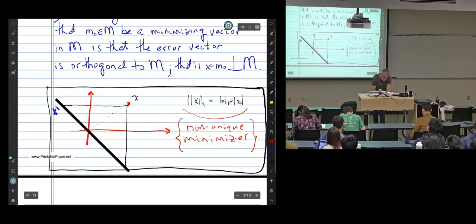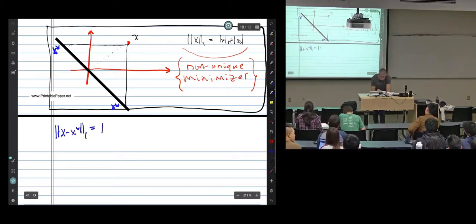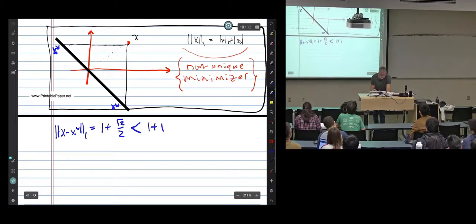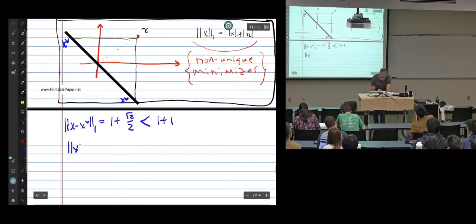So X star, that's also X star, and 1 norm of X minus X star in each case is 1 plus square root of 2 over 2, which is strictly less than 1 plus 2. And the norm of X, which is the norm of X minus 0 in the 1 norm, is 1 plus 1.